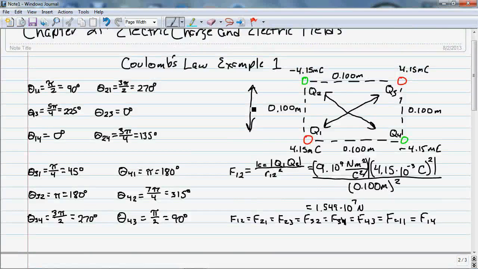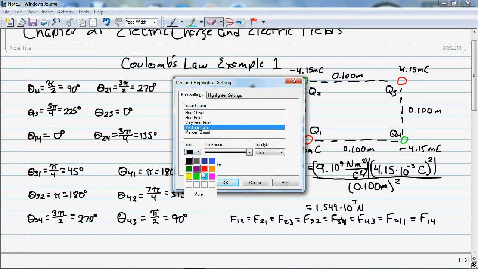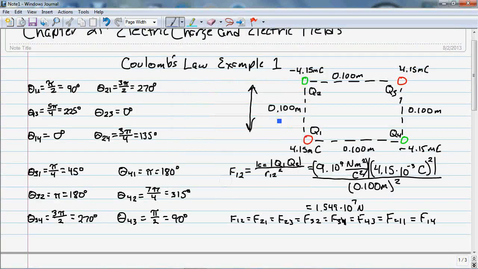Now, if you look at the notes, it gives you the forces for all of the charges. And what you notice, which is very interesting, and I'm going to put this in blue, is that charge 1 is going in the 45-degree direction, and charge 2 is going to be going in the minus 45-degree direction.